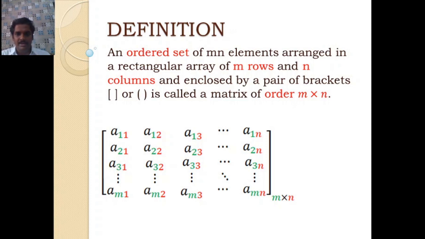This can also be written in short like this: a square bracket, inside that I'll write a general element aij, and that is again the order of this matrix is m by n. Here i represents row index and j represents column index. So i will vary from 1 to m because there are m rows, and j will vary from 1 to n since there are n columns.